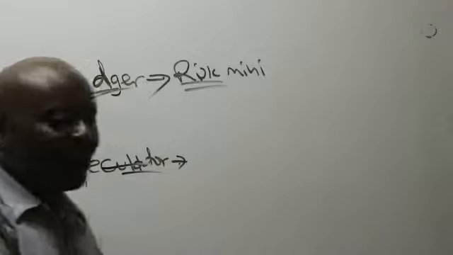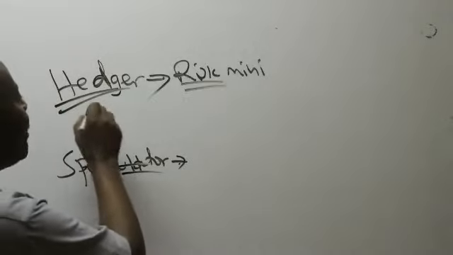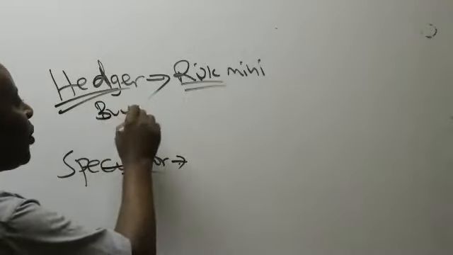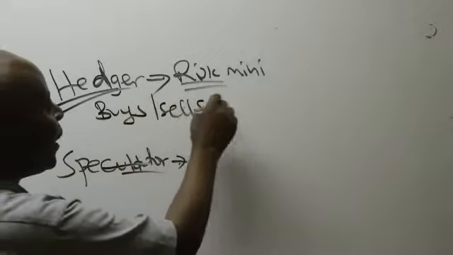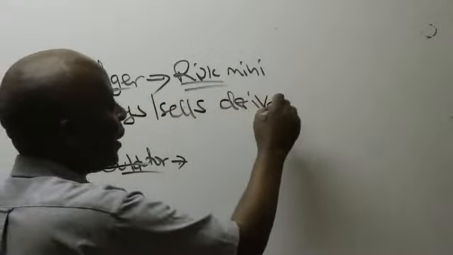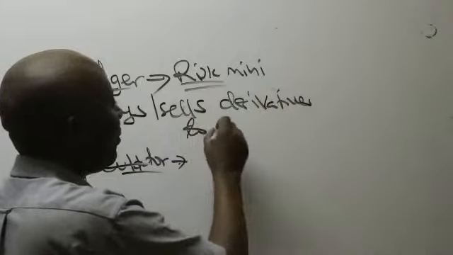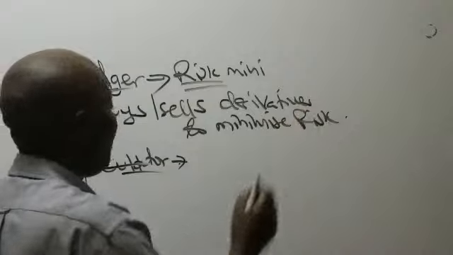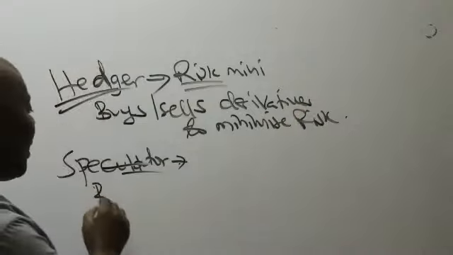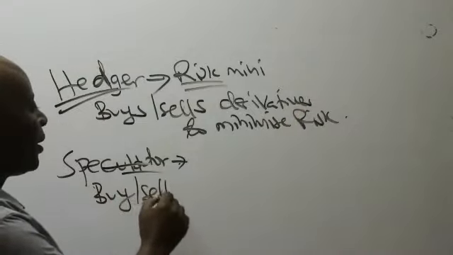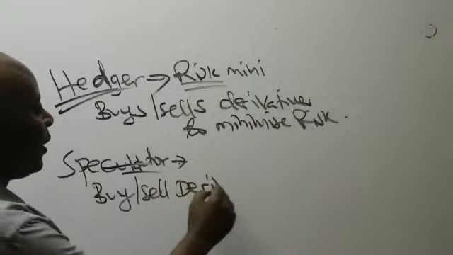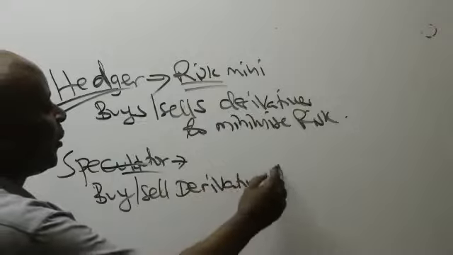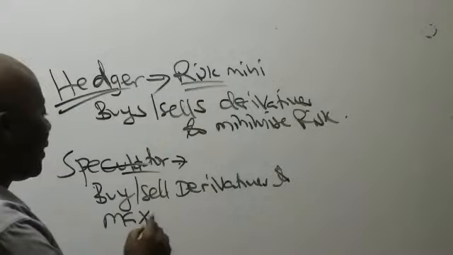So what have we said? We've said that a hedger buys and sells derivatives to minimize what? To minimize risk. And the speculators, they buy and sell derivatives to maximize. They're after profit.